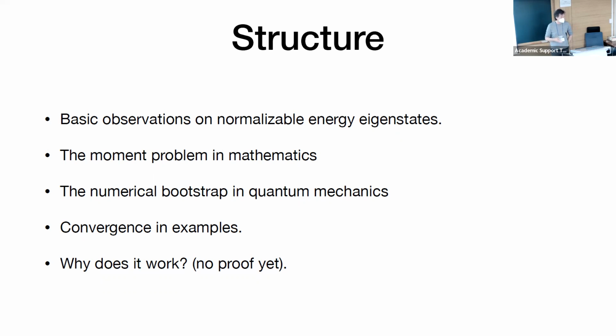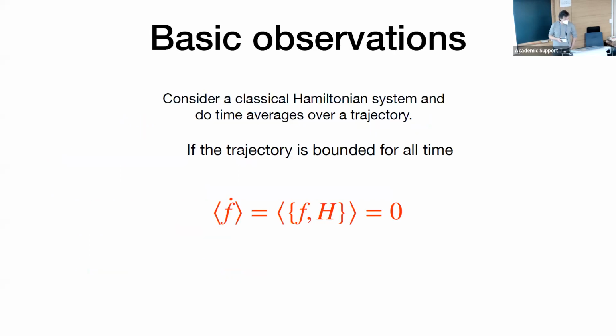And I'll show how the moment problem informs the numerical bootstrap in quantum mechanics. And then I'll talk about convergence in examples. And there's also a question of why does it work and when does it work and what are all the little things that can go wrong and how do they go wrong. And this is part of the things that we're discovering right now.